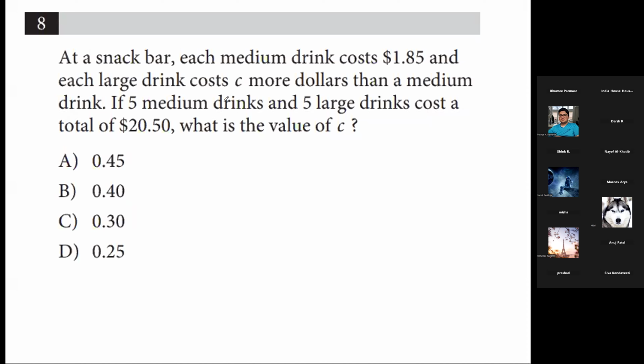They bought five medium drinks and five large drinks for a total of $20.50. What is the value of C?